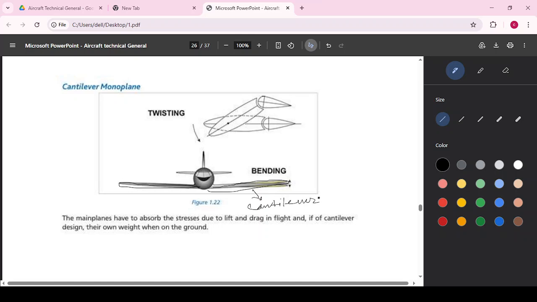The main planes have to absorb the stress due to lift and drag in flight, and if of cantilever design, their own weight on the ground. So this is the thing.